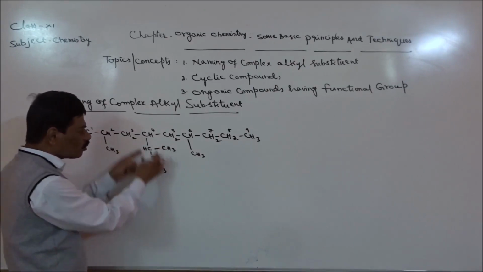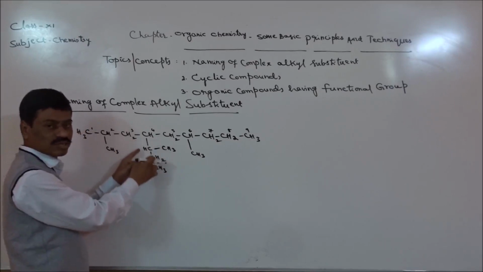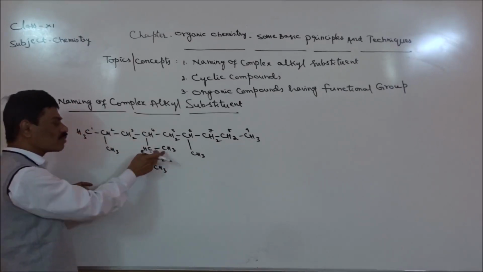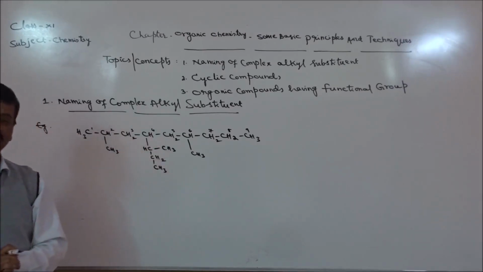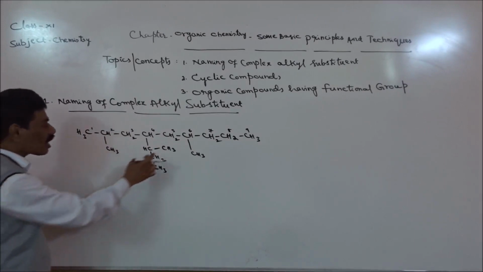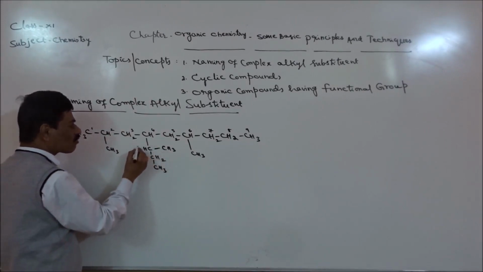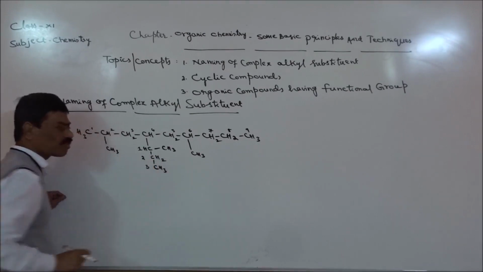See, this is an alkyl group, and this itself is one branch substituted, right? From this carbon atom, one hydrogen atom is removed and a methyl group is added. So this has now become a complex alkyl group. And this methyl group is connected to the first carbon atom. So I will give number 1 to that carbon atom like this. Next, second carbon atom. Next is third carbon atom.